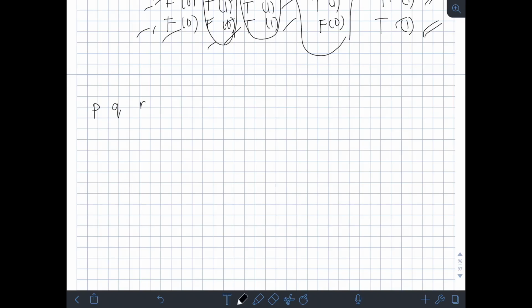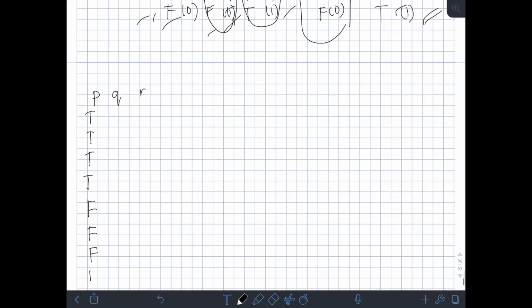So, dahil nga 8 na expected inputs natin, ang magiging pattern value natin is alternating na 4 na true, then 4 na false for the first proposition P. And then, magiging tigalawan na lang sa Q. So, alternate true, true, false, false, true, true, false, false. And then, for R, alternating na tig-isa na lang na true or false. True, false, true, false, true, false, true, false.